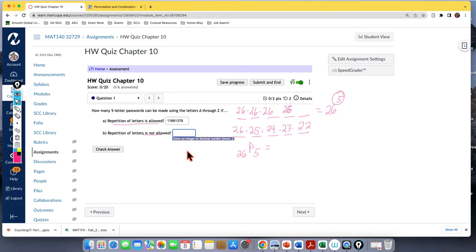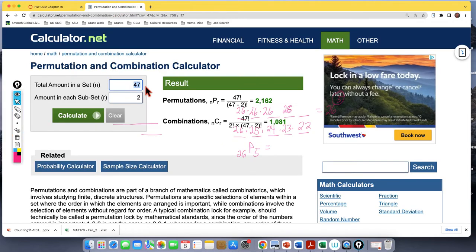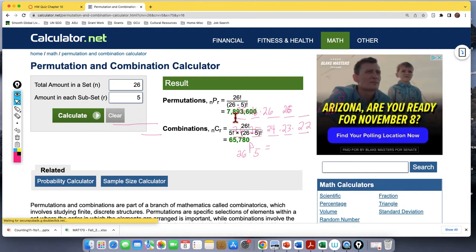If you can't repeat, then that's 26 choose 5. Oh, come over here. 26. So I can use this. I've got 26 letters to choose from. I'm going to choose 5 of them in a permutation where order is important because it is a password. You have to enter them in the right order, and we can't repeat. So that's 7,893,600. Still a lot, right?